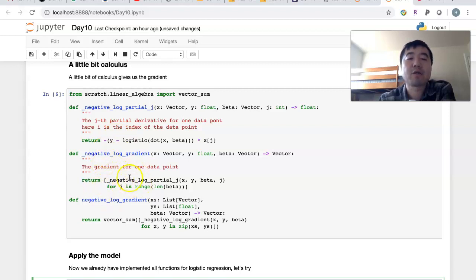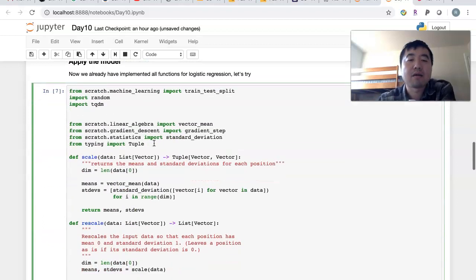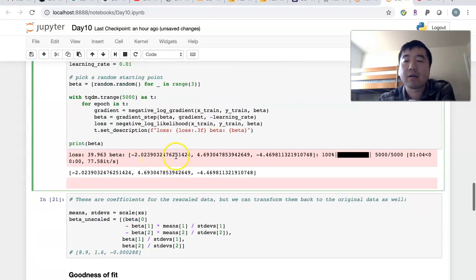This function will be used by the gradient descent algorithm to update the beta to minimize the loss. So we apply the model. I think it's almost done.